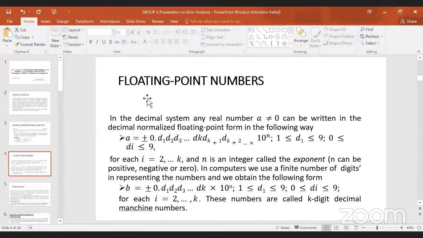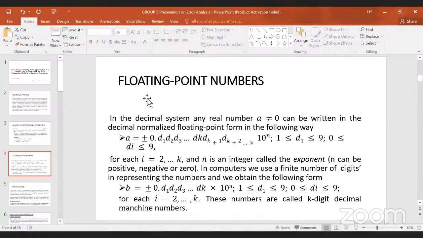Our d1 satisfies 1 less than or equal to d1 less than or equal to 9, and our di also, that is the value for i, satisfies 0 less than or equal to di less than or equal to 9, for each i from 2 to k. We call n an exponent, and n can either be positive or negative, and can be 0 as well, as we all know that any number raised to power 0 is equal to 1.